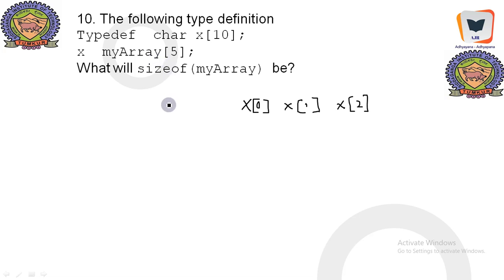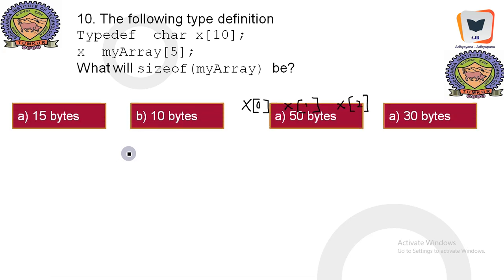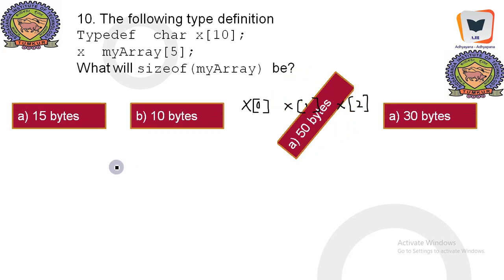What will be the size of myArray? Since every array will contain only one character, because it is a character array, it will consume 1 byte. There are 10 character arrays, each carrying along with them 5 character arrays. Therefore it is 10 into 5, it should be 50 bytes.